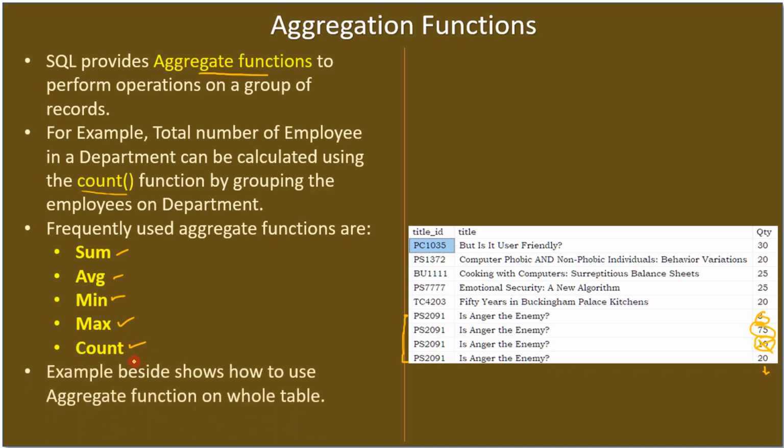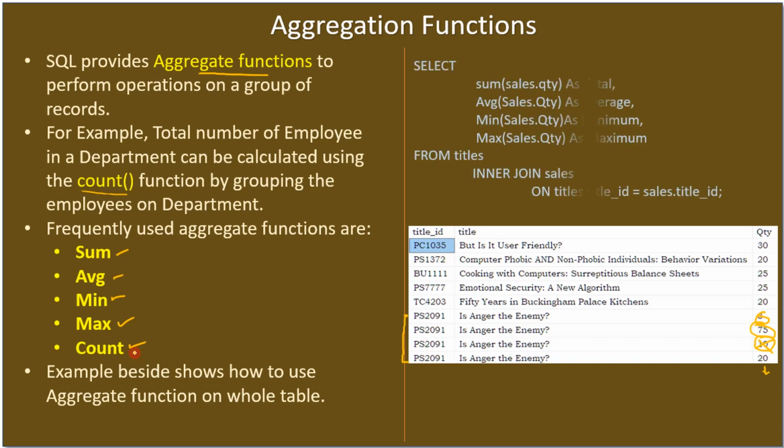The example beside shows how to use an aggregate function on a whole table, or on an entire table. So here we will simply use select and the table name from titles, and join we already saw in one of our series, and here we are joining titles with sales, based on title ID.